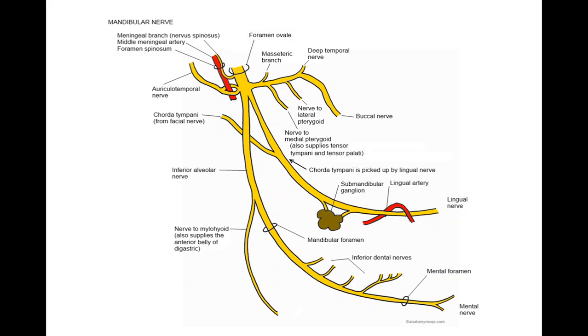The chorda tympani nerve hitchhikes with the lingual nerve to reach its target organs like the different salivary glands, because the chorda tympani carries preganglionic parasympathetic fibers for the submandibular ganglion. The postganglionic fibers of which are the secretomotor fibers for the submandibular as well as sublingual salivary glands.